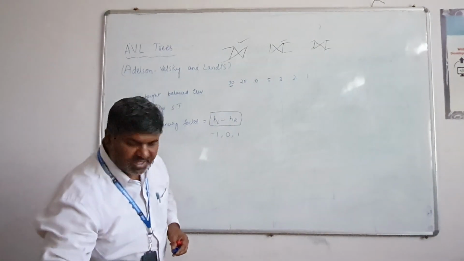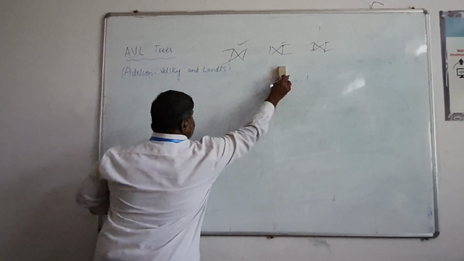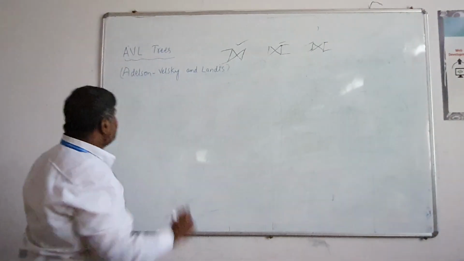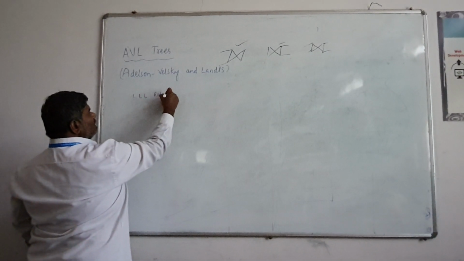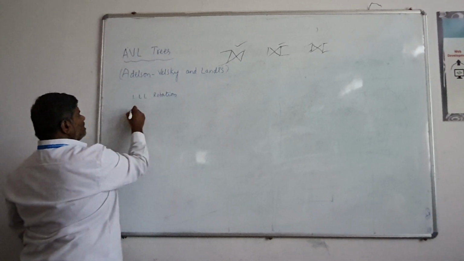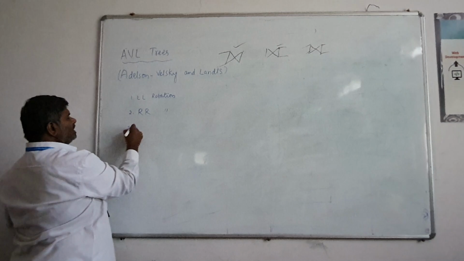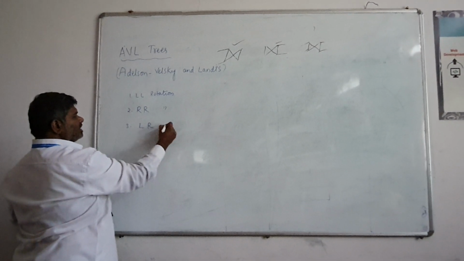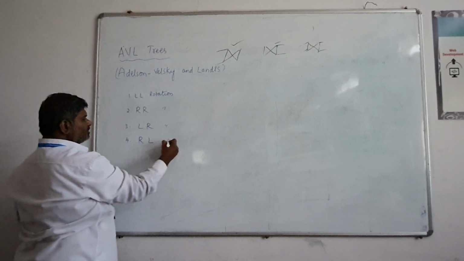There are 4 different types of rotations in an AVL tree. The first one is LL rotation, the second one is RR rotation, the third one is LR rotation, and the fourth one is RL rotation.